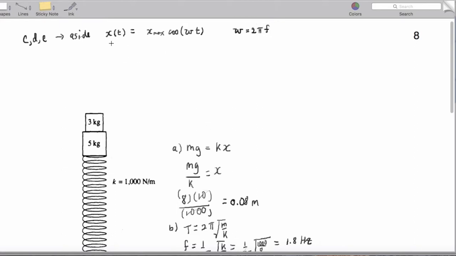So there's a couple things here I want to point out. The velocity as a function of time is then going to be omega x max times the sine of omega t. I'll put a negative sign out in front. All I'm doing is taking the derivative here. And the acceleration as a function of time is going to be negative omega squared x max times the cosine of omega t.